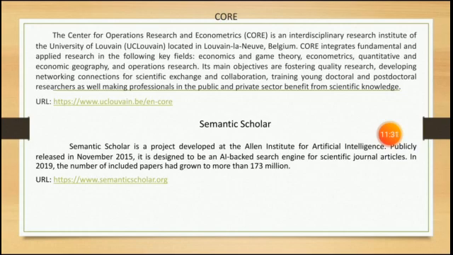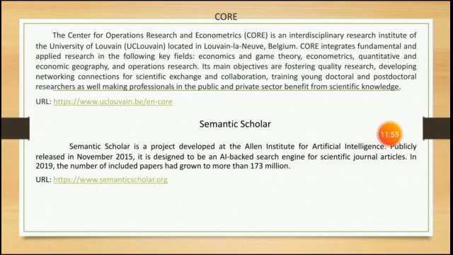So the main objective is not just research, but more than research, so that it helps you after your doctorate also, for postdoctoral research. Then we have Semantic Scholar. It's a project developed at the Allen Institute for Artificial Intelligence. So those who are interested in artificial intelligence and machine learning can go to Semantic Scholar.